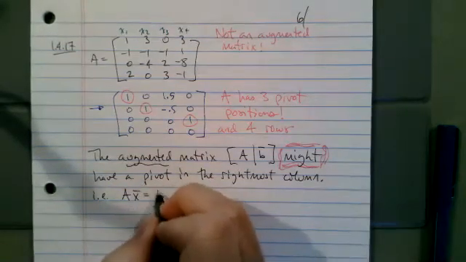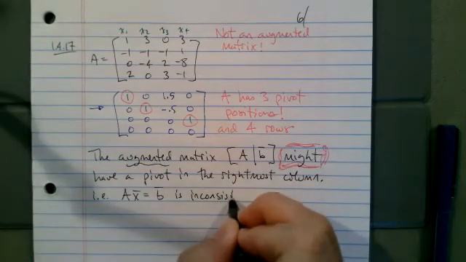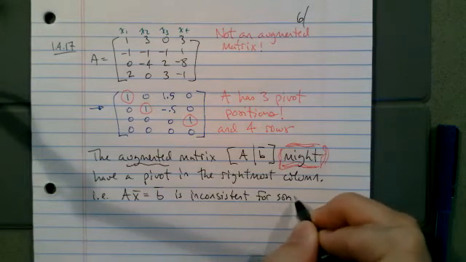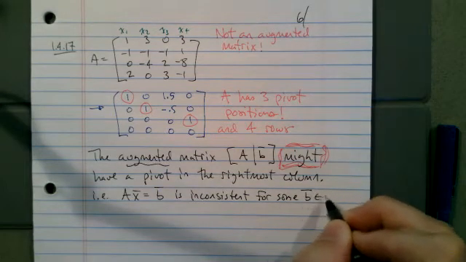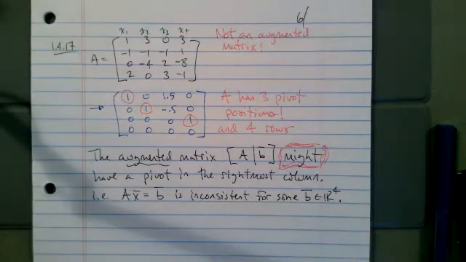AX equals B is inconsistent for some B in R4. We know it's not an augmented matrix because it's the matrix A, and the question framing says, does the equation AX equals B have a solution for each B in R4? And so this whole matrix A is being used as a coefficient matrix.